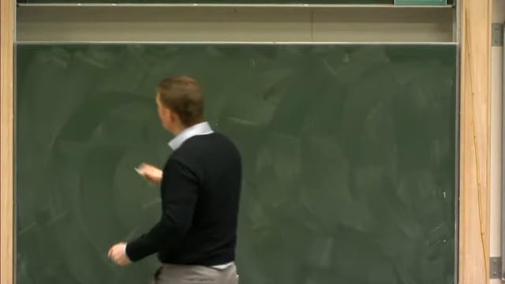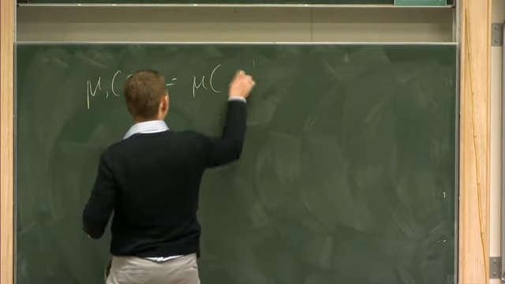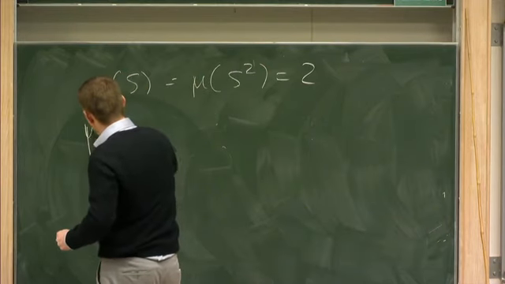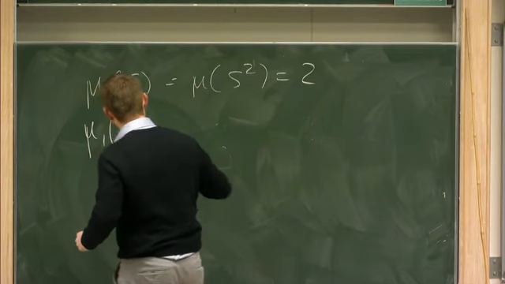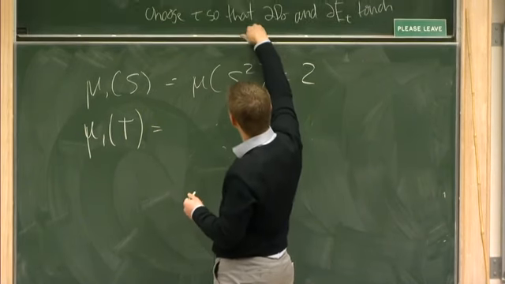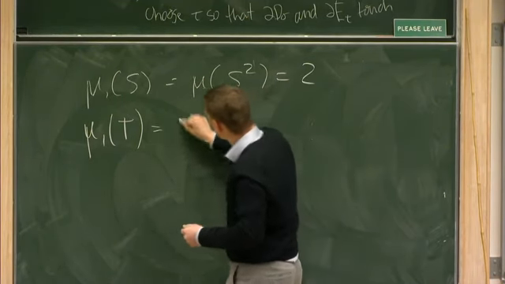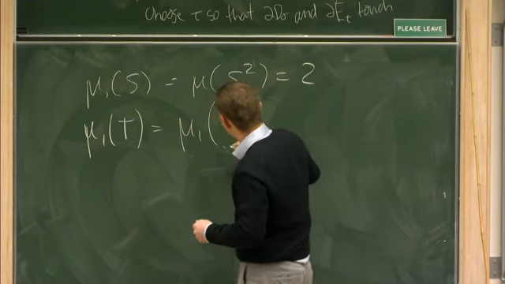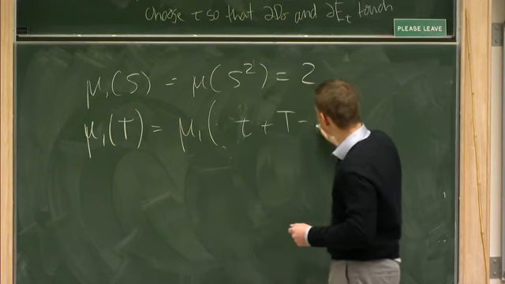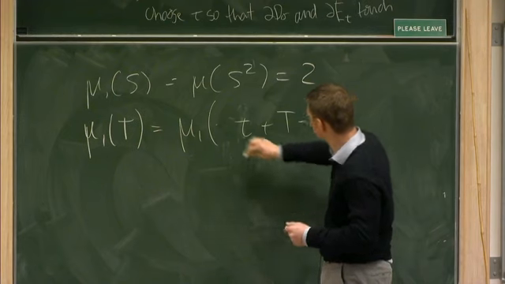Okay, so we know that mu1 of S equals mu of S squared, which is 2. And to calculate mu1 of T, so this is the expected total amount of exploration time from right to left, we begin by writing T as tau plus T minus tau. It's hard to say.